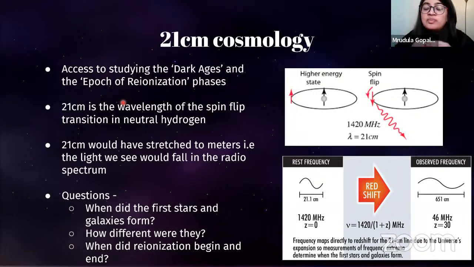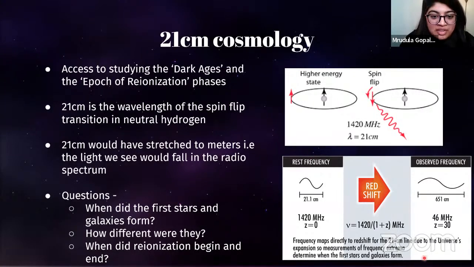But like I told you, because of the expansion of the universe, 21 centimeter at that time would right now be stretched to meters. And if you remember the electromagnetic spectrum, the meter wavelengths fall under the radio spectrum. So that's why radio astronomy and 21 centimeter cosmology are so closely related.